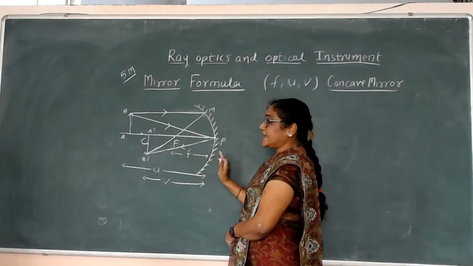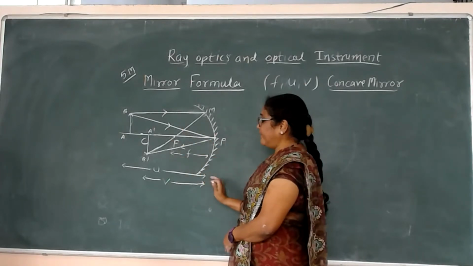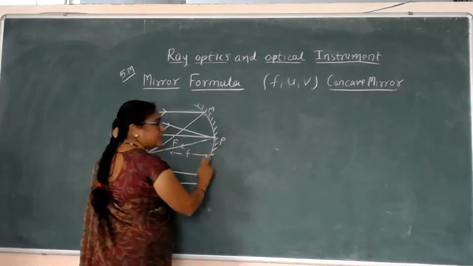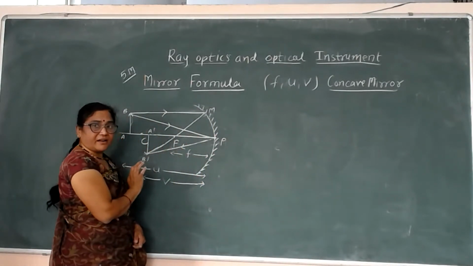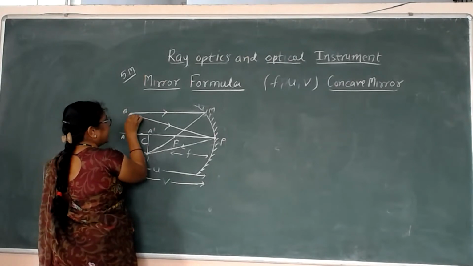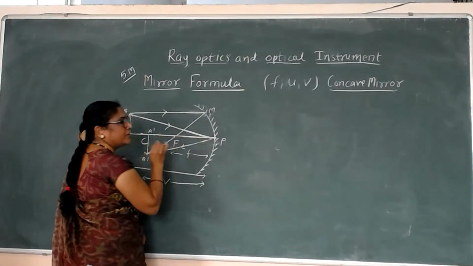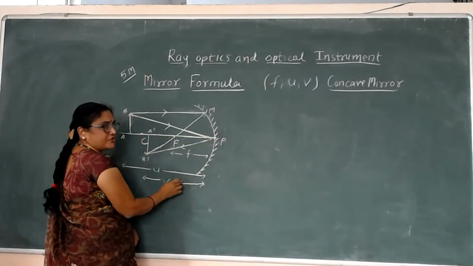So to derive this expression between U, V and F, first consider the similar triangles. See in this figure, there are similar triangles. This is the curvature.